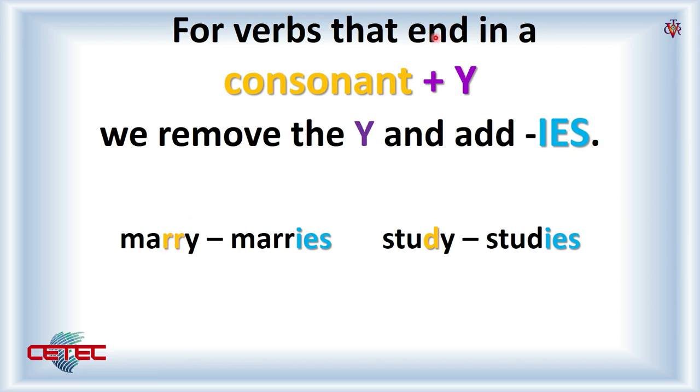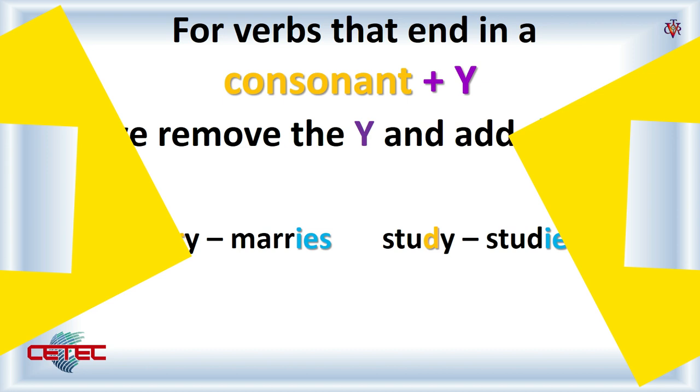Here, the verbs end in consonant plus Y. Here we have to delete or remove Y and add IES. Marry, marries. Study, studies. This is rule number 2. Consonant plus Y, remove Y, and add IES.